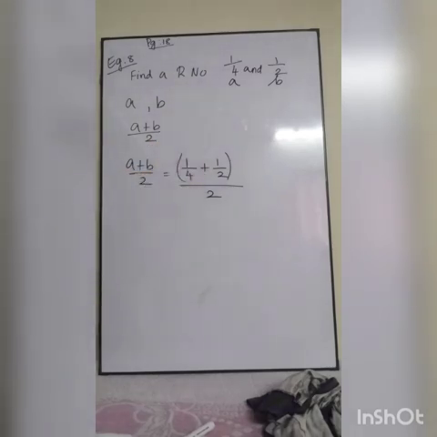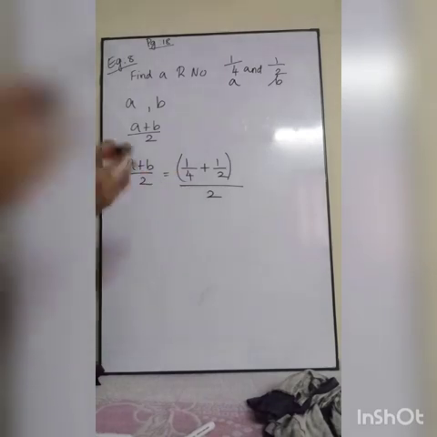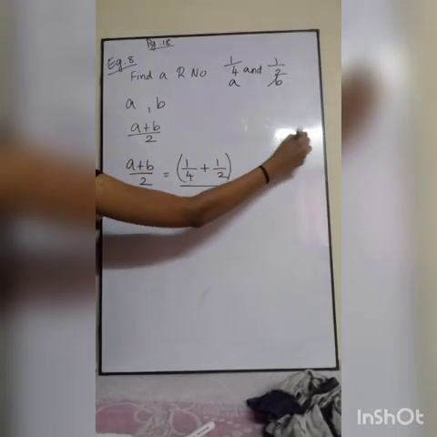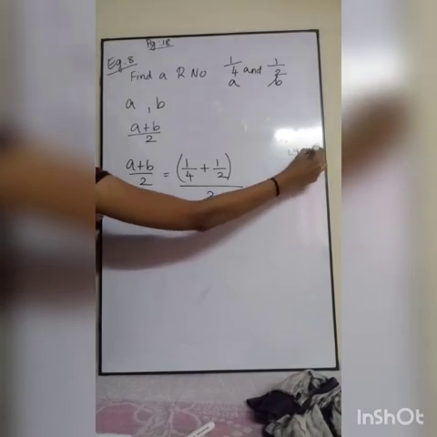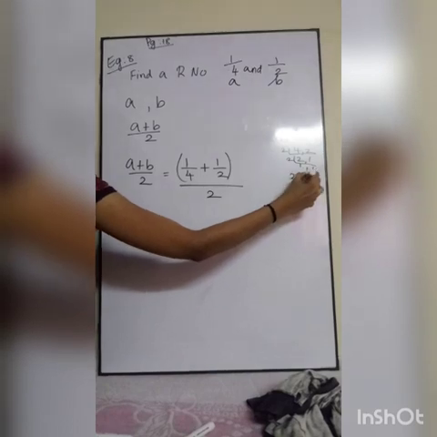You know that we can't add numbers with different denominators. So what should you do? You should add by making them the same denominator. What is the LCM of 4 and 2? 2, 1. 2 into 2, 4.